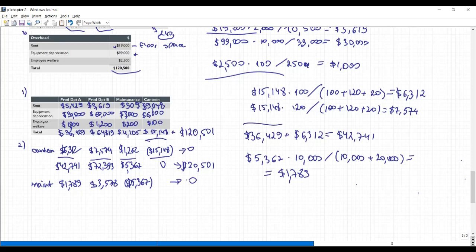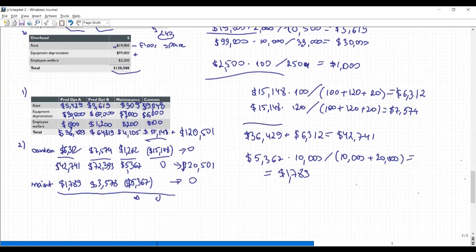Okay. And what is going to be next? Well, next we are going to calculate the totals. Service and maintenance departments have already been reapportioned, and that means that the total of overhead is going to be 0.